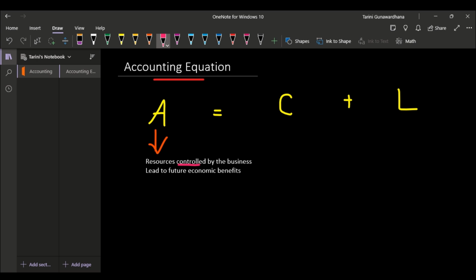Let's say I am business A and I manufacture chocolate. But I'm not the person who is selling these chocolates to the public.